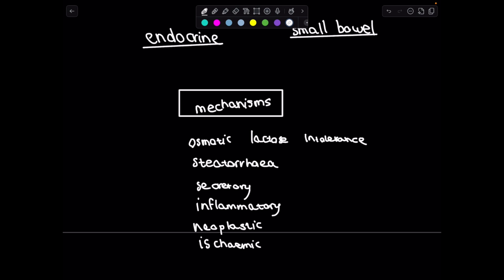What test detects celiac disease? Celiac disease. Not sure. No stress. Blood test. Last one. 4.